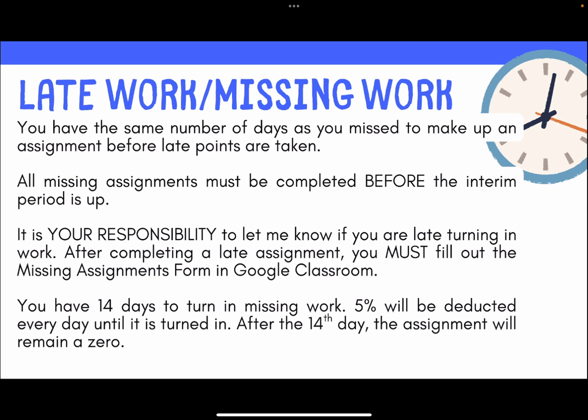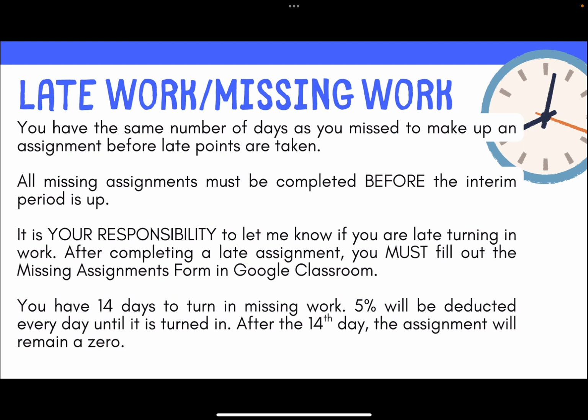So that should be in the school app. We try to give you a heads up whenever interim grades are due. After that interim period, I can't make up any late work. I'm not allowed to. It won't fix your grade in the grade book where it's stored. It is your responsibility to let me know if you are late turning in work.